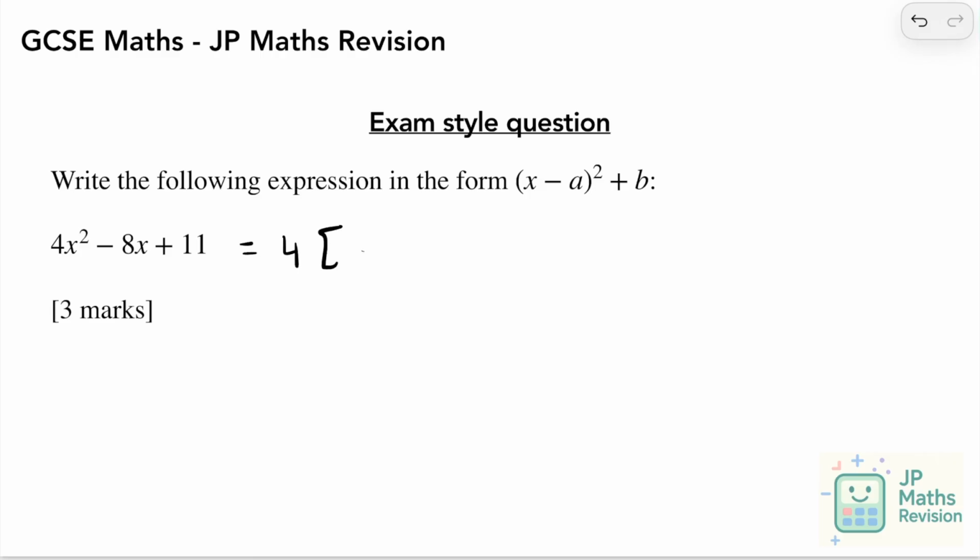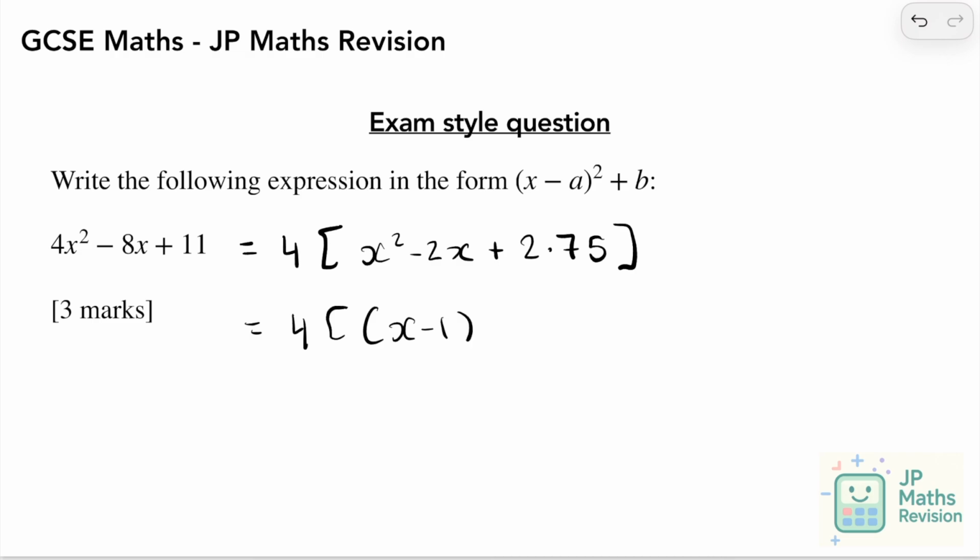So 4 bracket x squared minus 2x, and then 11 divided by 4 is 2 and 3/4, so 2.75. So now if I complete the square of what's in the bracket, we have 4 bracket x minus 1 squared minus 1 squared plus 2.75.